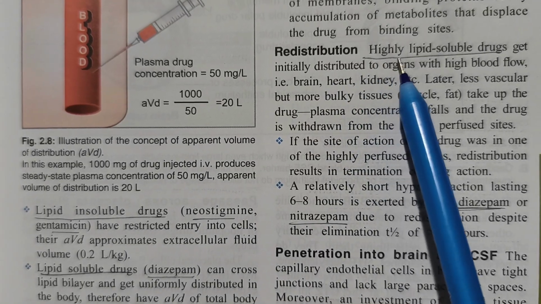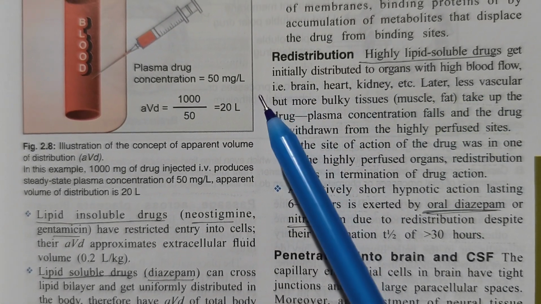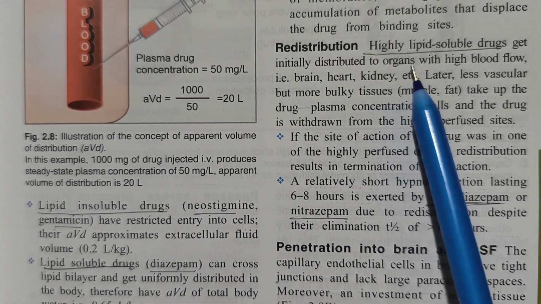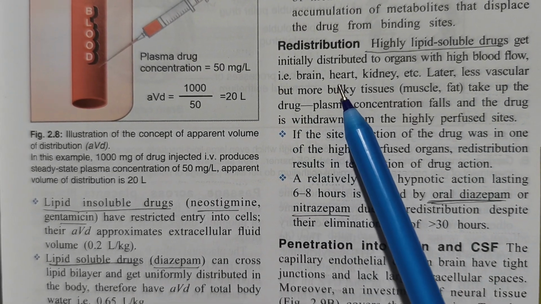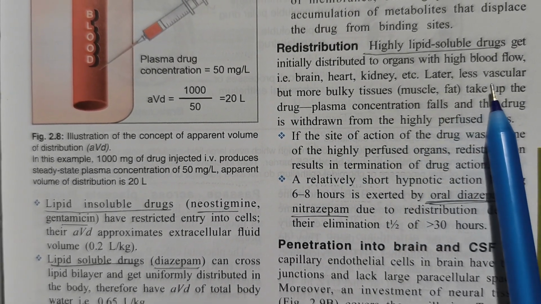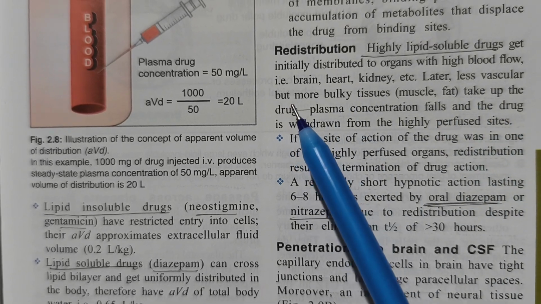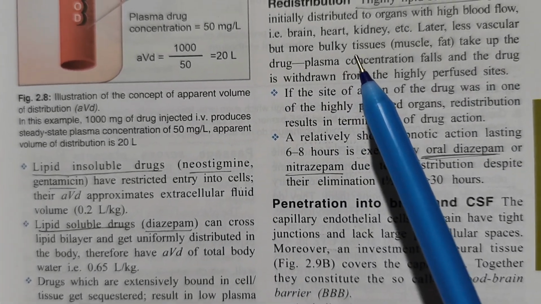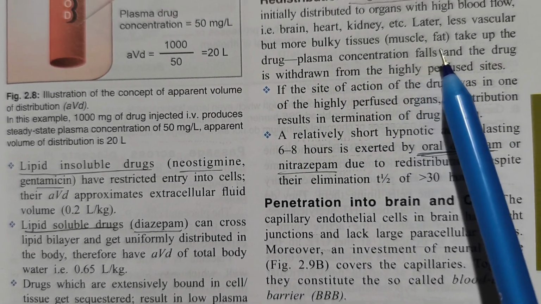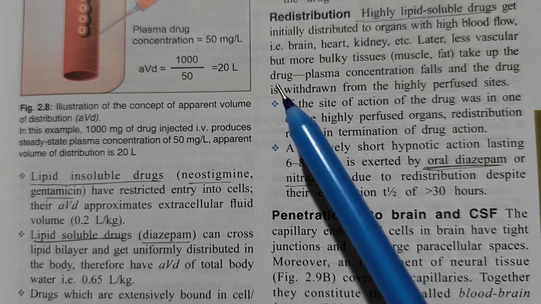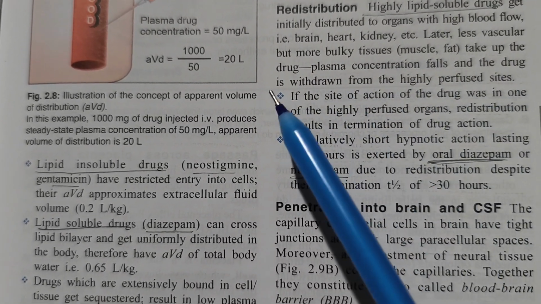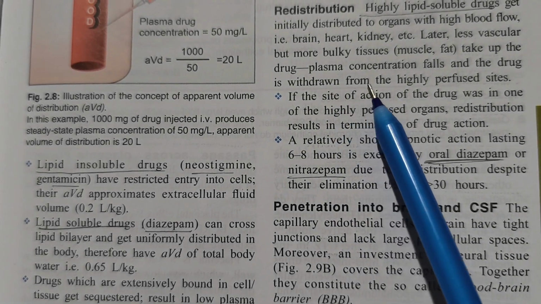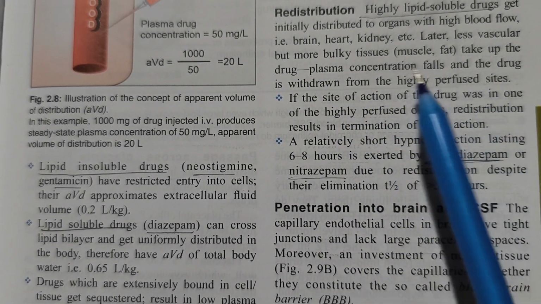Redistribution. Highly lipid soluble drugs get initially distributed to organs with high blood flow, that is, brain, heart, kidney, etc. Later, less vascular but more bulky tissues, for example, muscle and fat, take up the drug, plasma concentration falls, and the drug is withdrawn from the highly perfused site.